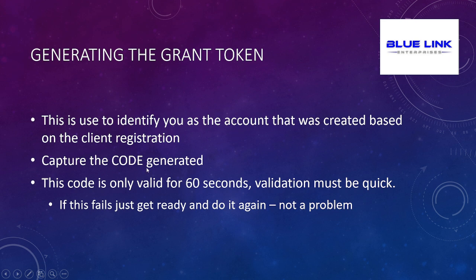We need to capture that grant token, and you have 60 seconds to validate it. If you fail to validate it within those 60 seconds, not a problem. You just go back, recreate it, and then validate it.